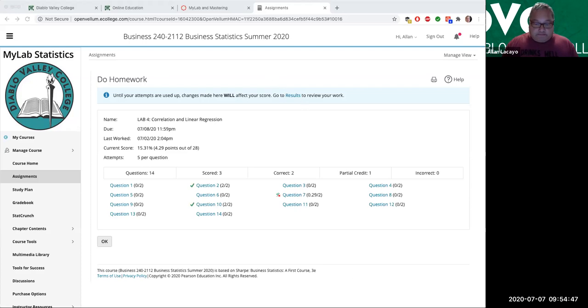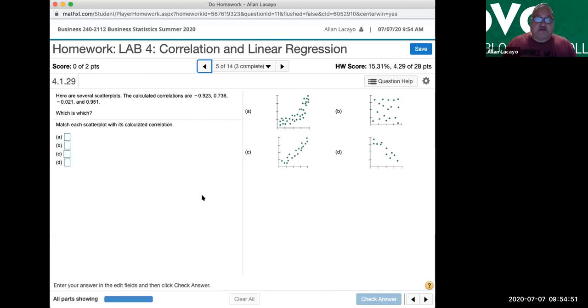Before I begin, I would like to review a little bit about the concept of correlation by using question 5 in the lab. In this question, you see 4 different scatter plots, A, B, C, D, and 4 different values of correlation, and your job is to match them.